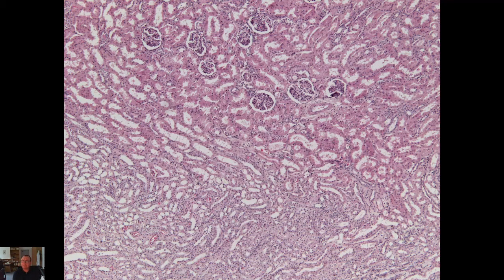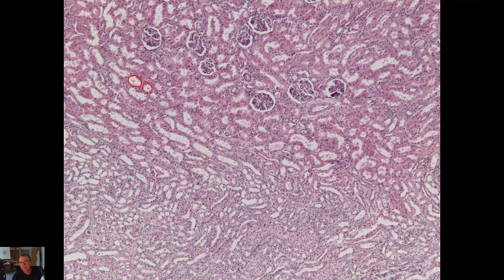Okay, so let's go to microscopy. This is a middle magnification of the border between the cortex and medulla. How to quickly recognize cortex and medulla. You can see that the whole slide here contains many tubules which are in cross section.